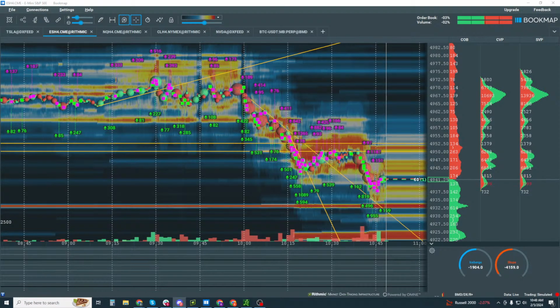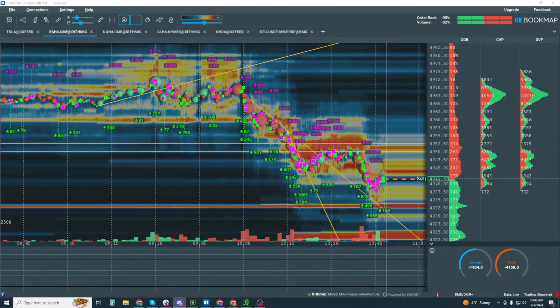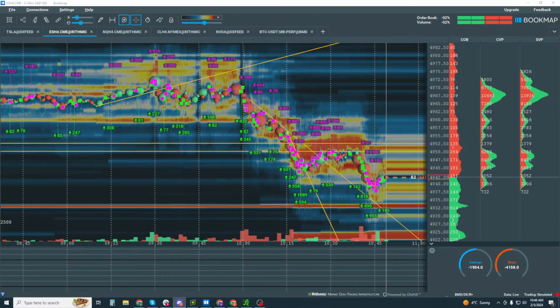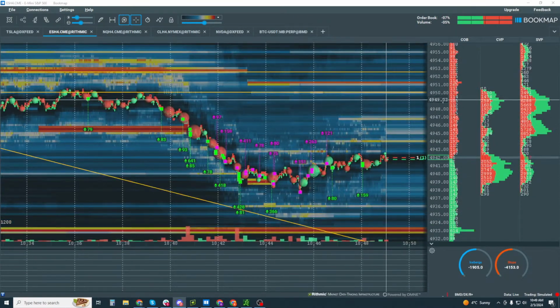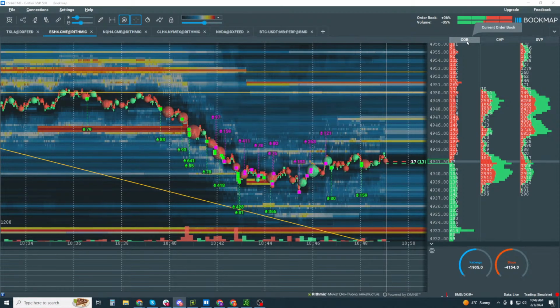Time and sales suggestion here: can they also look at the time and sales on their chart to see the full amount of trades transacted, to give me an idea of what the full iceberg was? Yeah, you could look at the dome or the COB column.